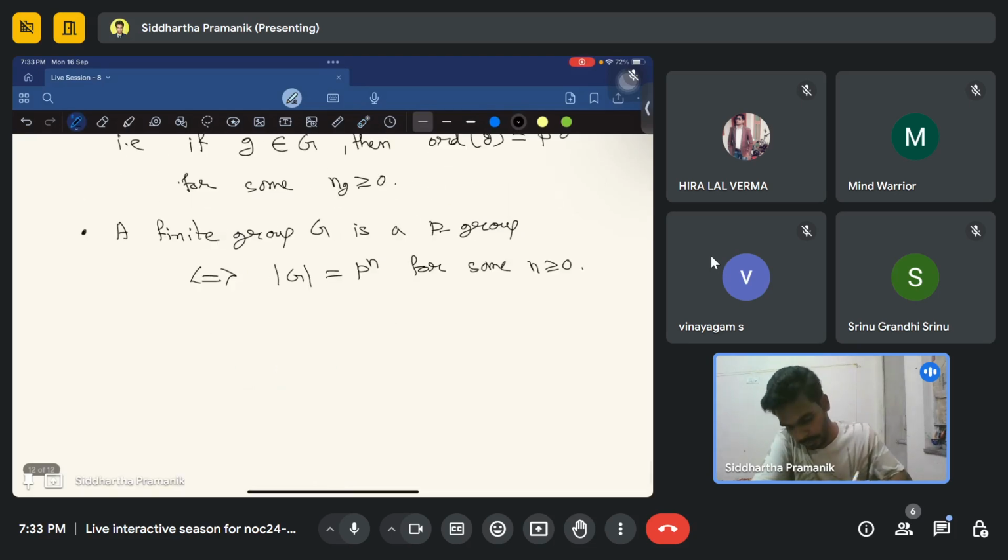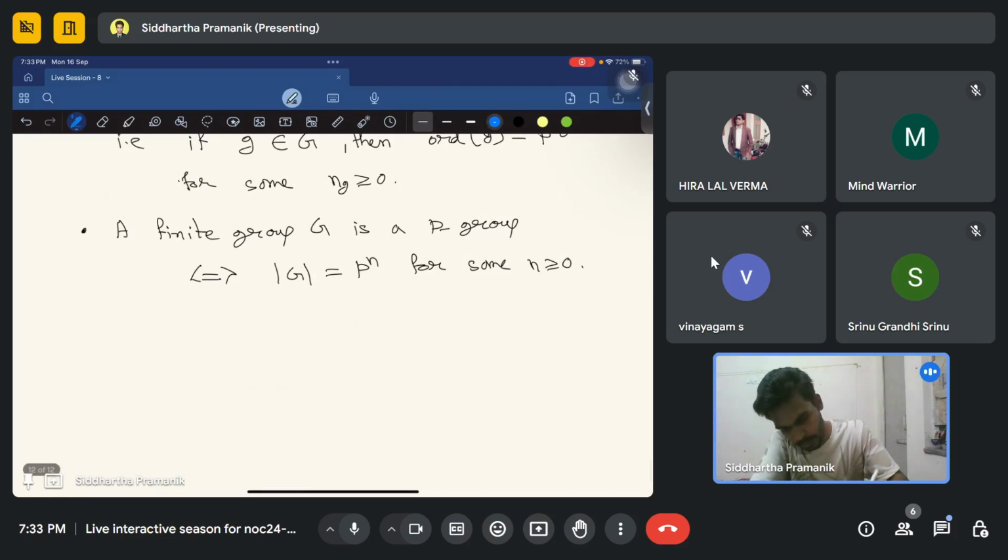So just like a group of order 4. Okay, let's see one example. Z mod 4Z is a 2 group of order 4, or Z mod 2Z cross Z mod 2Z.